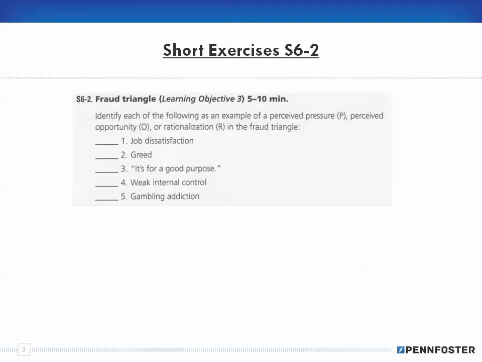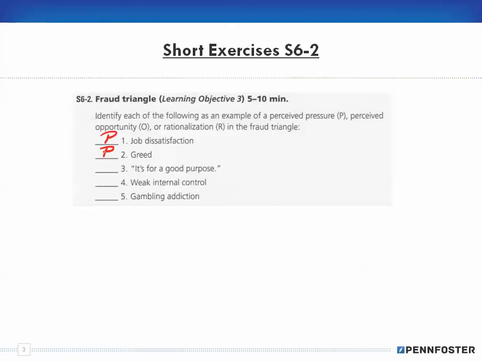Identify each of the following as an example of a perceived pressure, perceived opportunity, or rationalization in the fraud triangle. Right, so job dissatisfaction is perceived pressure, right? If I'm not happy with my job, like I'm not making enough money or whatever have you, that pressure would cause me to create fraud. And it's the same thing with greed. That would be a perceived pressure, because why?